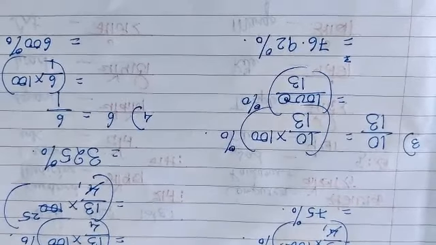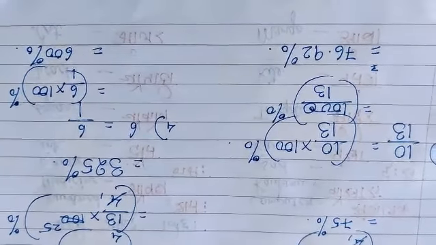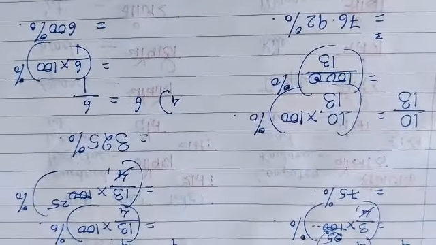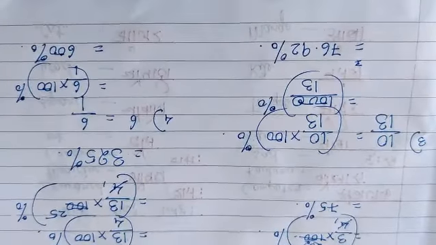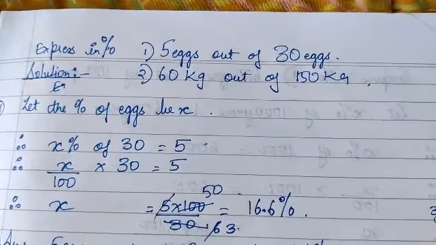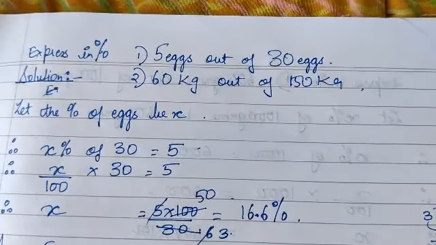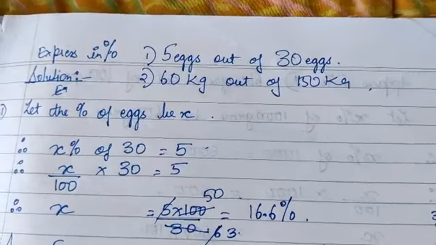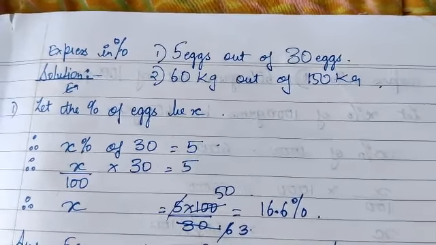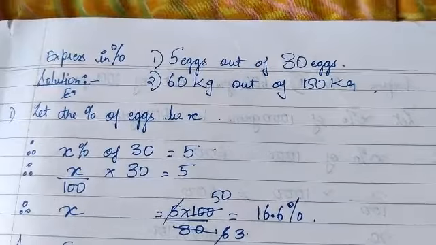Once you solve it, you get your percentage. 6 upon 1. Multiply it by 100 and put the percentage sign, and you get your percentage for a particular fraction. Now, if they have asked us to express in percentage, say 5 eggs out of 30 eggs, what is the percentage? Then how do we proceed?